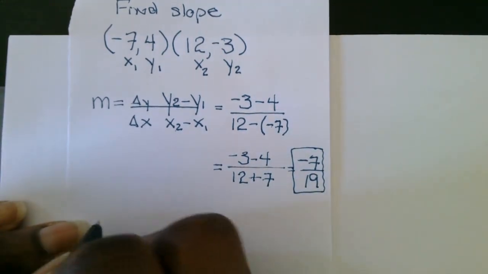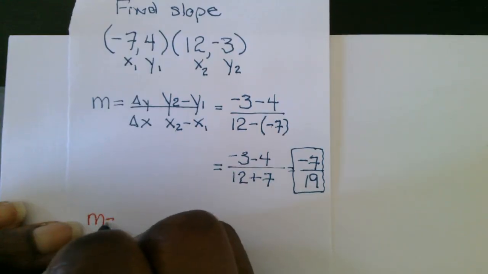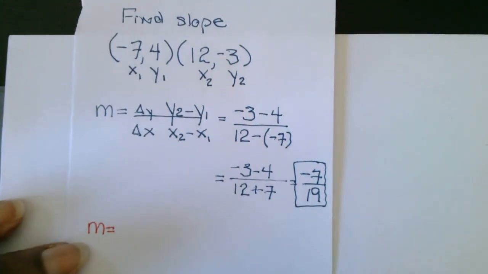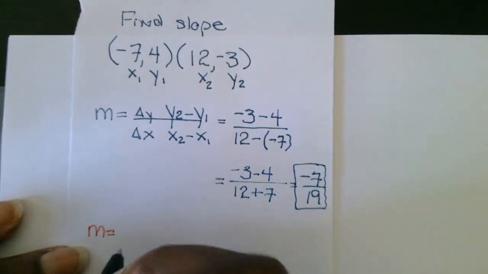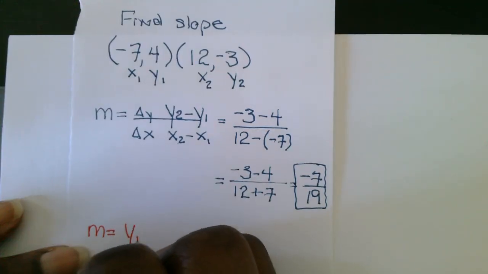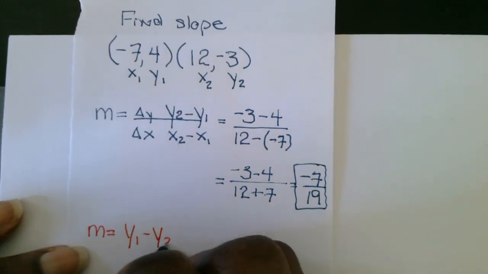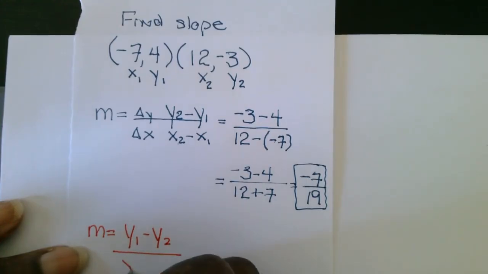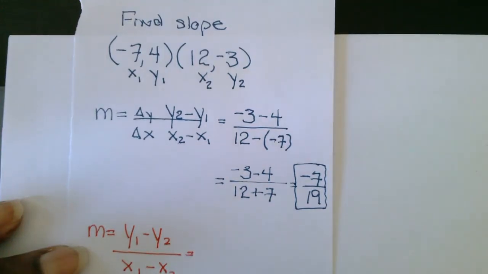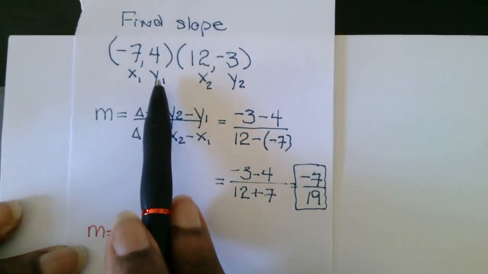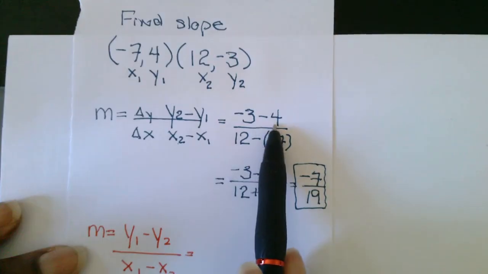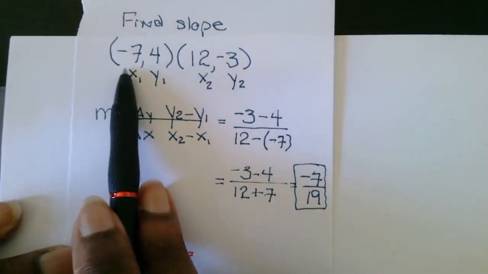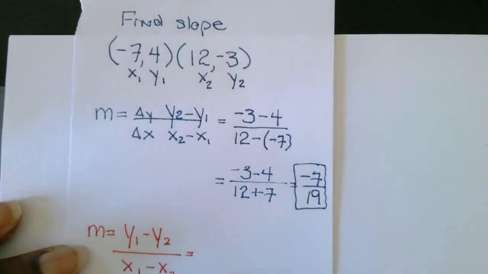Now, as I mentioned, it all depends on where you're from. So if you want to, you can also get the same answer if we read this from left to right. So if I wanted to, I could say y1 minus y2 over x1 minus x2. A lot of people are perfectly fine with doing the y's for the numerator, but then they switch things when it comes to the denominator.